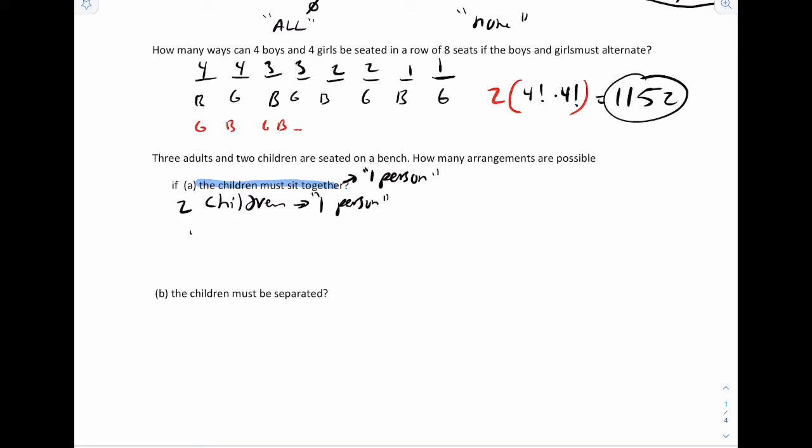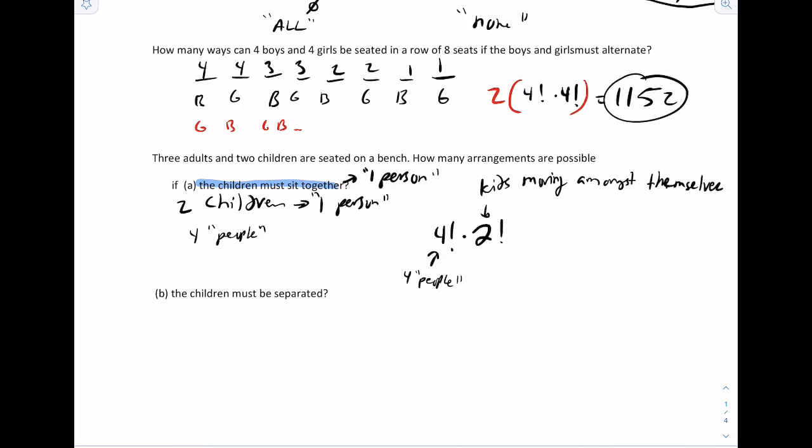So now in total, there are 4 people, and we can arrange 4 people in 4 factorial ways. But we have to account for the kids moving around, so multiply by 2 factorial. So again, that's our 4 people, and then this is the kids moving around amongst themselves. Our answer is 48.